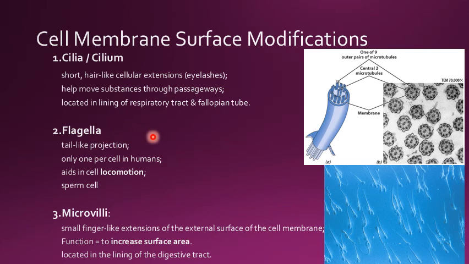And the flagellum is one long structure like seen on sperm. They're tail-like projections, and there's only one per cell in humans, and they aid in locomotion. Microvilli are small finger-like projections, and they increase surface area. They help absorb food particles in the digestive tract.